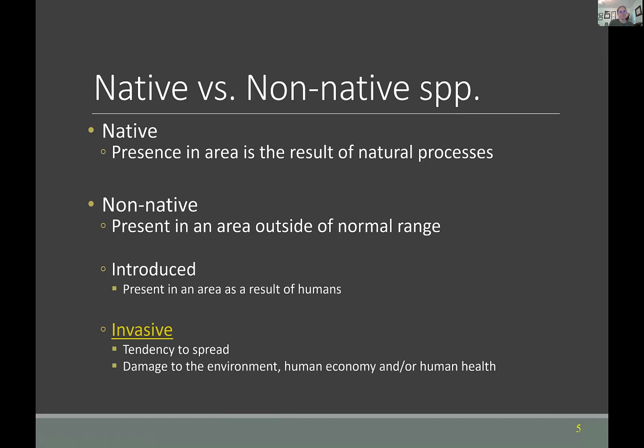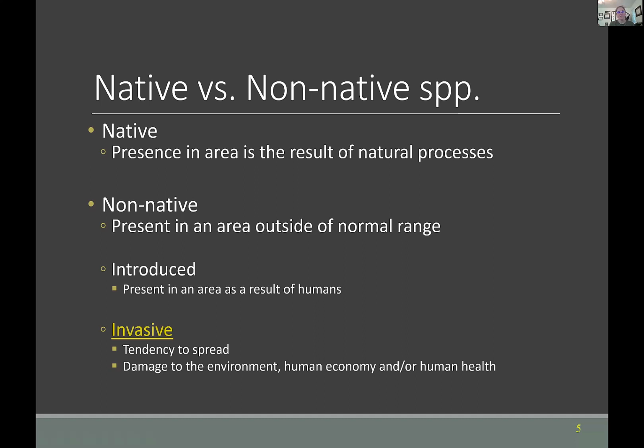So there's a couple terms when we are talking about populations where individuals are what we call native, where the presence in the area is the result of natural processes. So whether it's plate tectonics and things moved over long periods of time, native basically means we expect those type species or populations or the size of the population in those given areas.